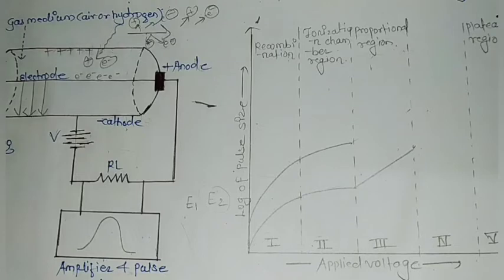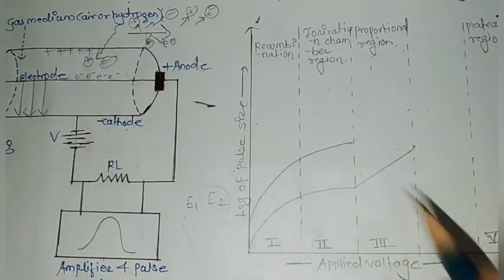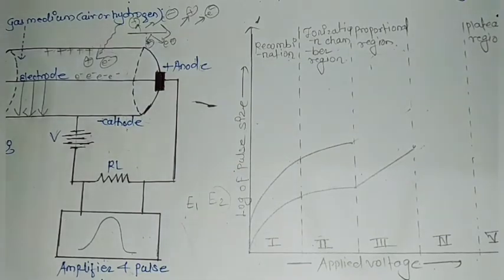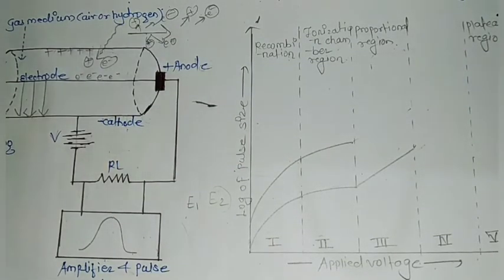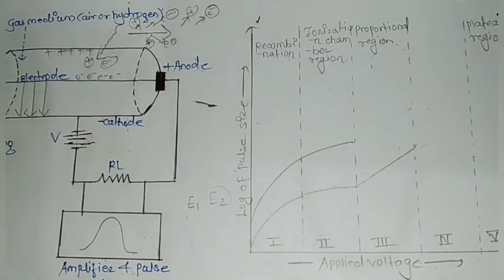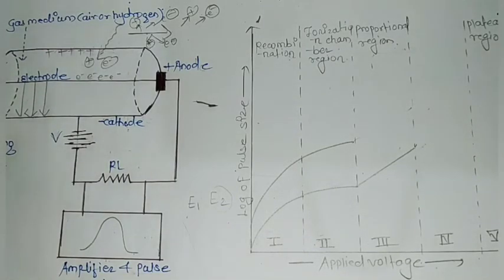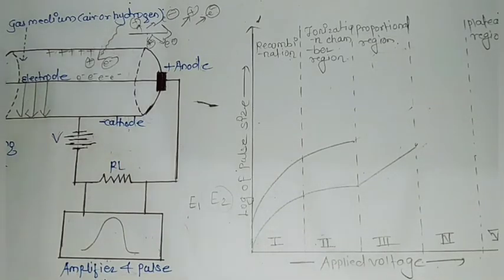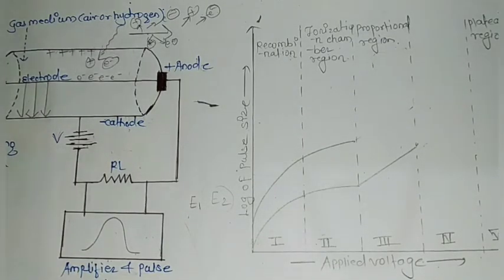What we end up seeing is that the current pulse increases linearly with respect to voltage. So this region is known as the proportional region, where increasing voltage leads to a proportional increase in the size of the current pulse itself.